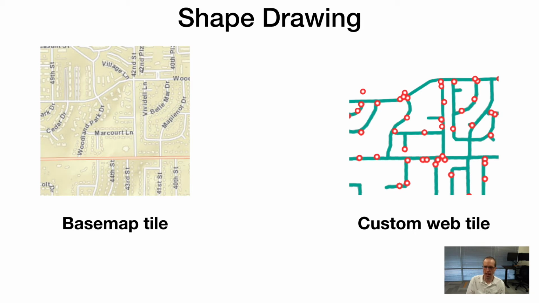So we take note of what color is it, what shape type is it, what are all the lat longs, and we draw those things out on a transparent PNG. It uses the same extent as the base map tile. Then we have the magenta that you saw on the map when we tapped on the map to select items on the map. This is done client-side using the ArcGIS API for JavaScript.